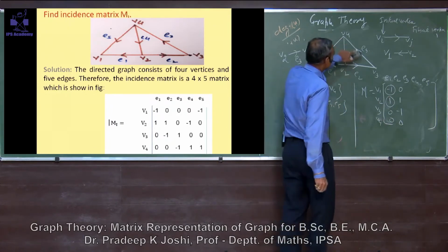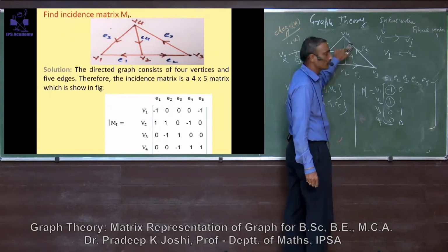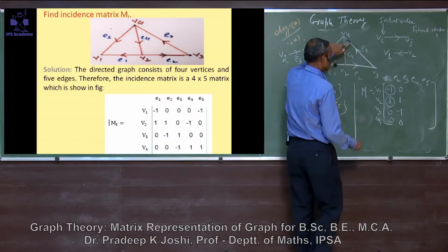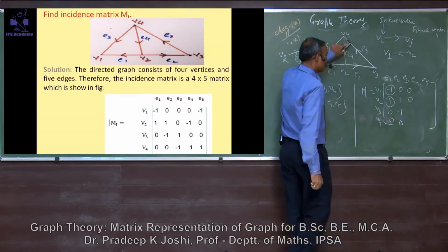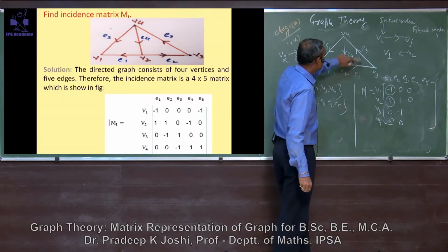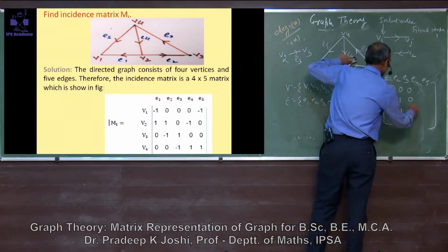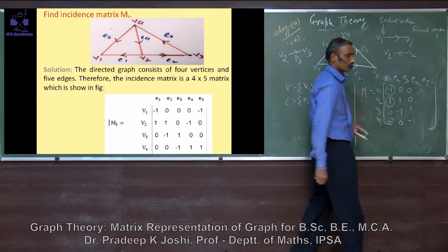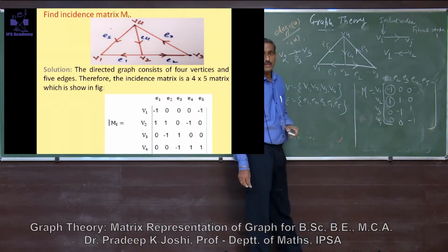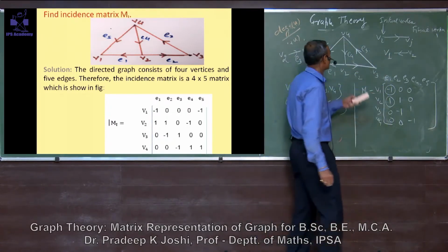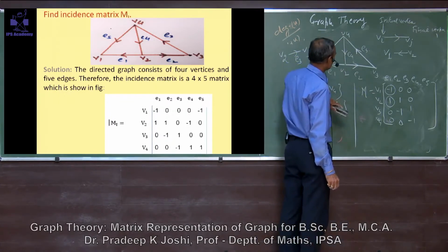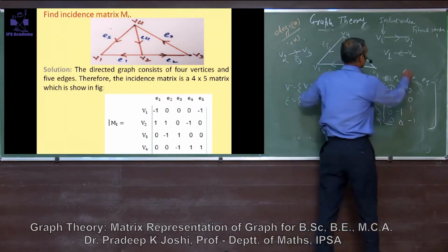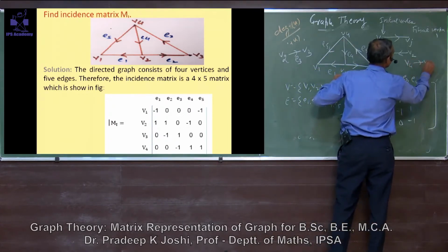Similarly, E3 has direction from V3 to V4. So V1 will be 0, V2 will be 0, and from V3 to V4, V3 will be 1 and V4 will be -1. Now E4 is incident from V4 to V2.